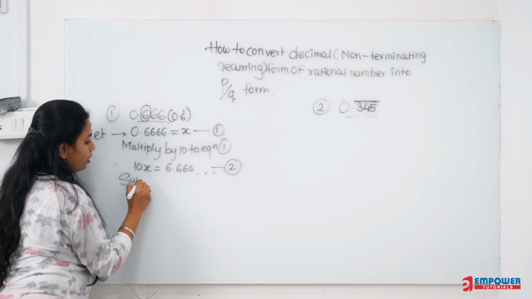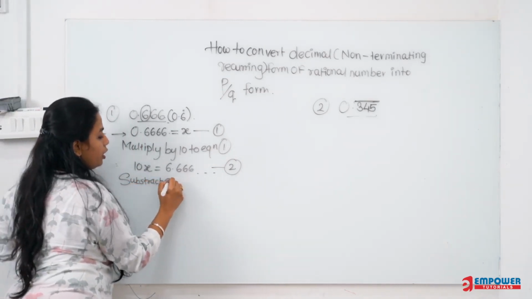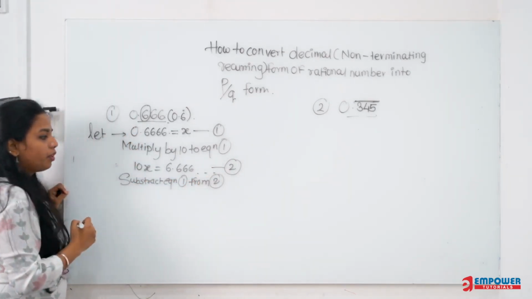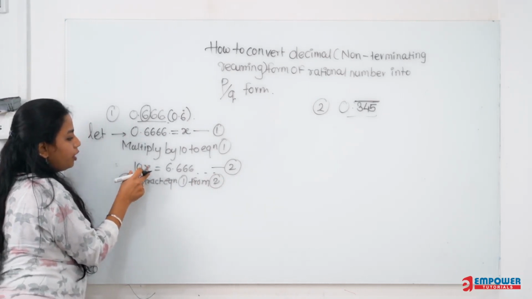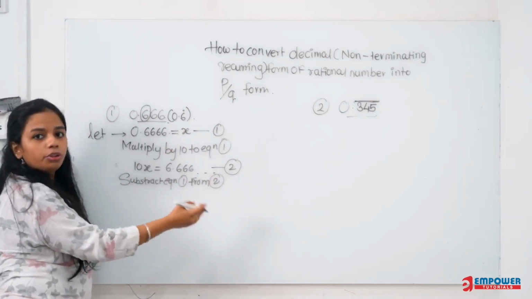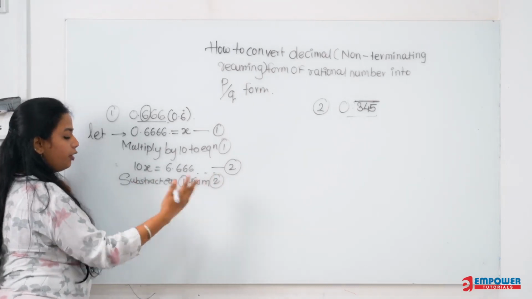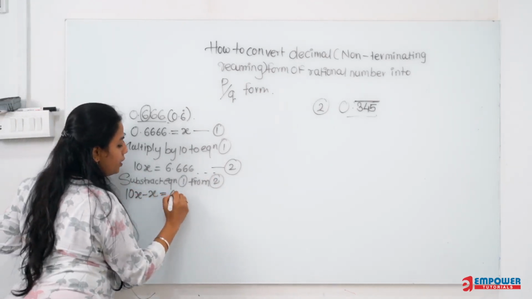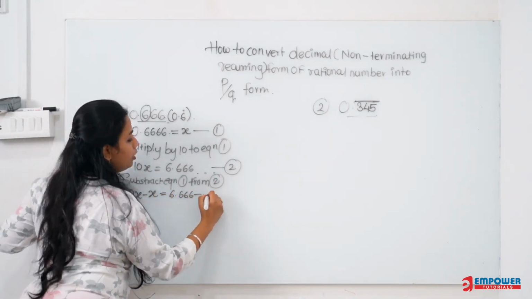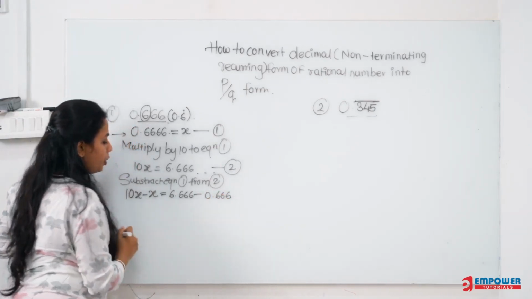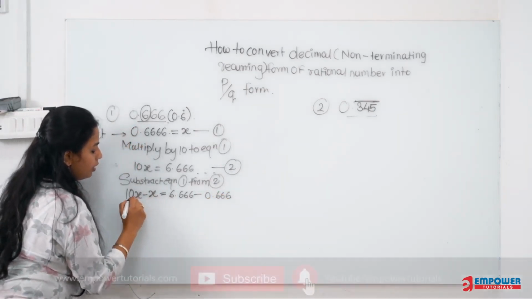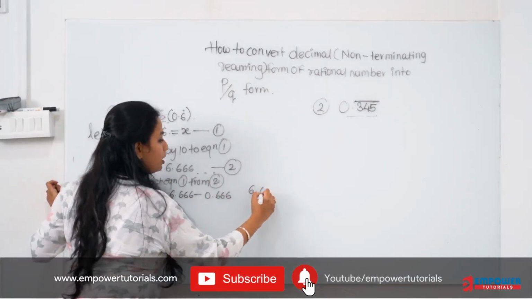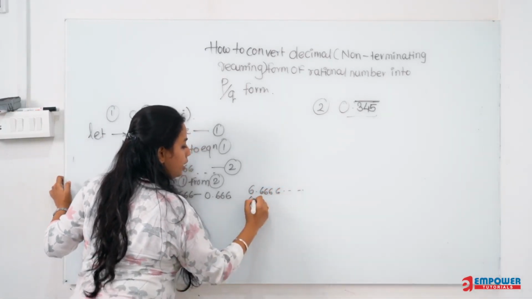Now subtract equation 1 from equation 2. So we will subtract, keeping the x terms on one side and the numerical part on the other side of the equal to sign. So 10x minus x on one side, and I will have 6.666 minus 0.666. So 10x minus x will be 9x, and this will be till infinity.